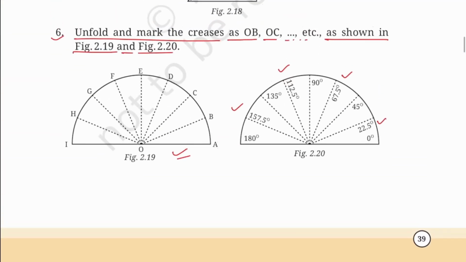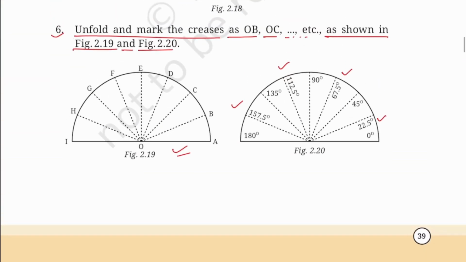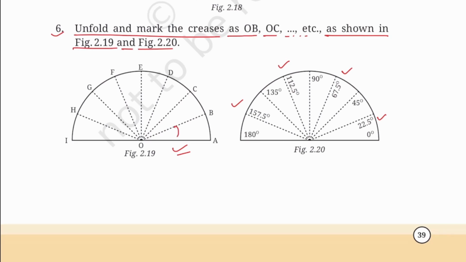You can see this picture. All angles are equal to 22.5 degree, that is 1 by 8 of 180 degree, or 1 by 4 of 90 degree, or 1 by 2, that is half of 45 degree.